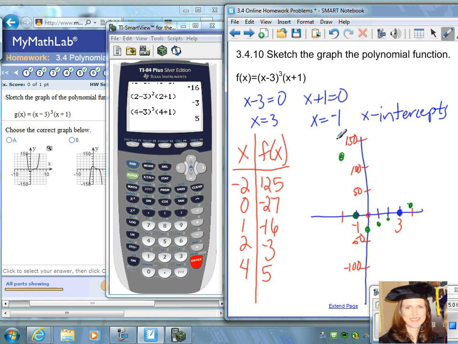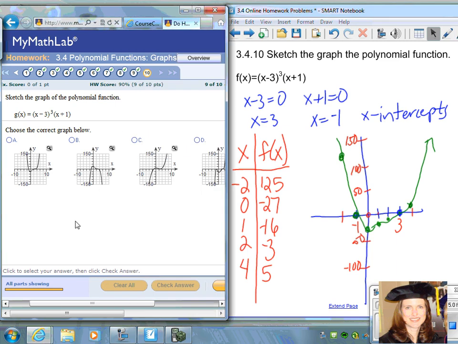So that should possibly give us enough points so that we get a decent idea of what this graph looks like. If you need to do another point, say when x equals 5, you'll see that the graph is going to continue to move upwards. We look at the choices here. That looks most like choice A.